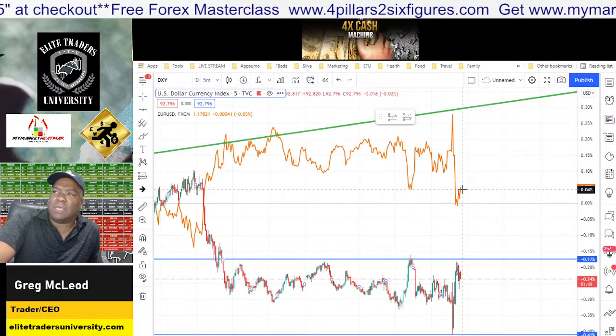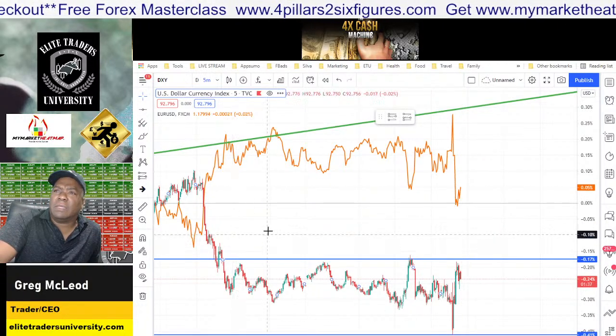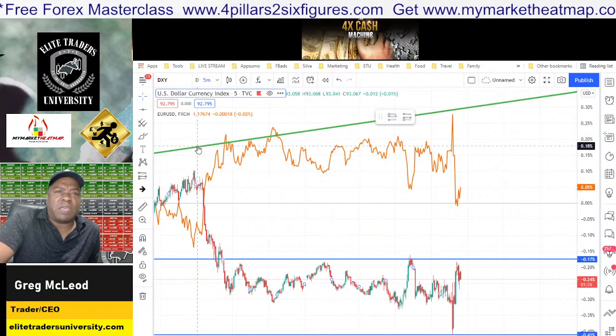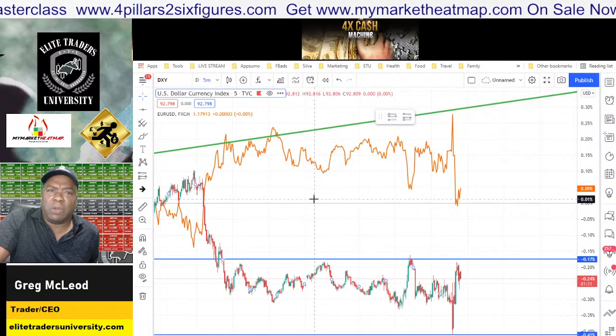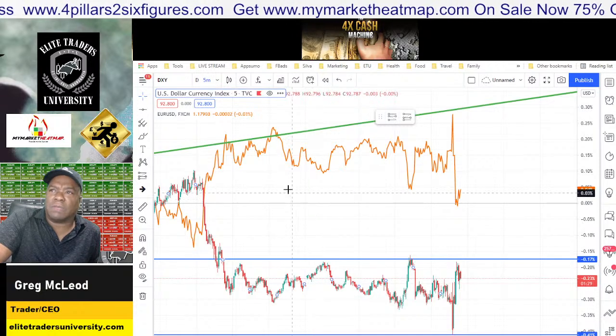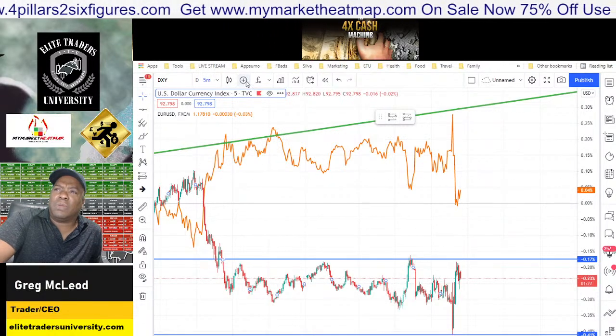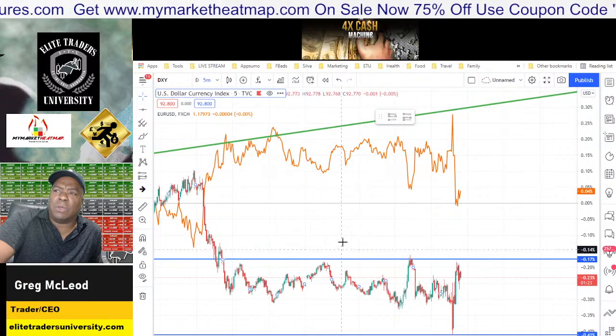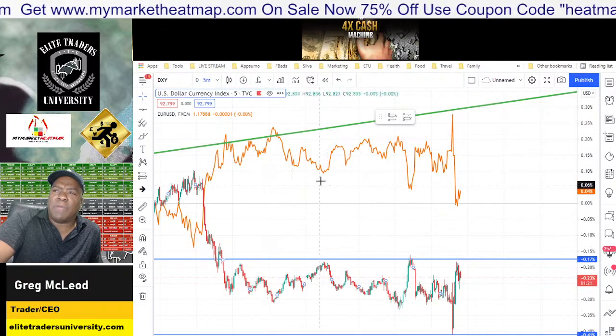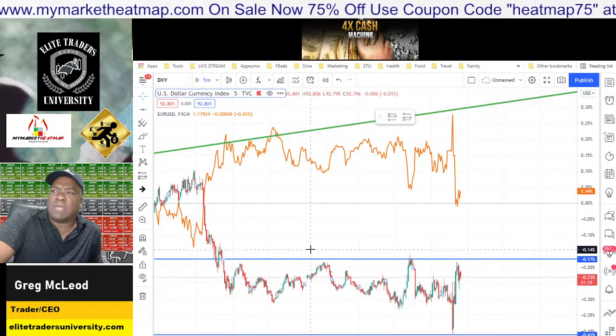And so we see the euro getting higher, right? So if you want to compare two different currencies, or you want to compare Bitcoin to gold or something like that, you can just use the plus button on TradingView, and that will compare both at the same time, right?